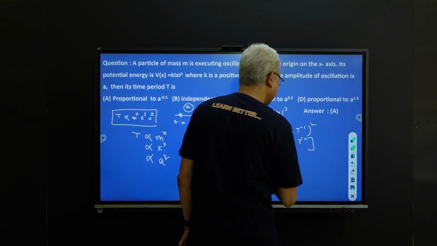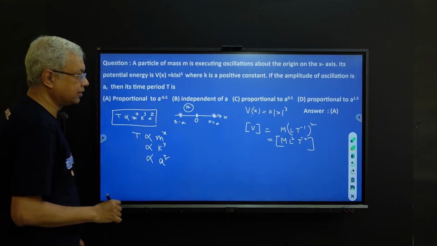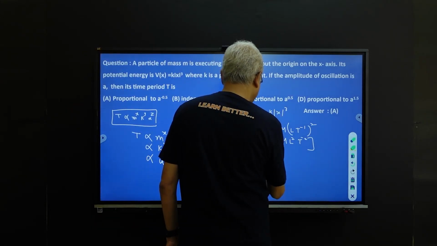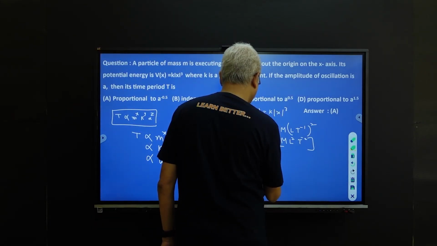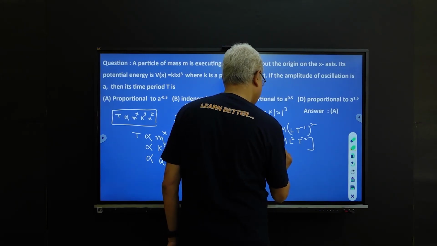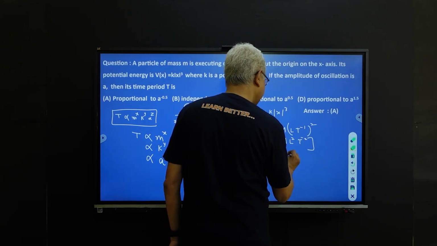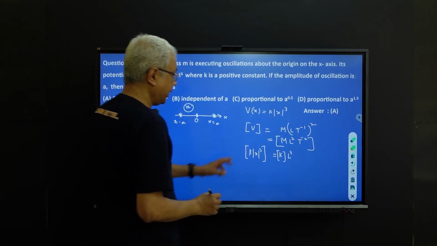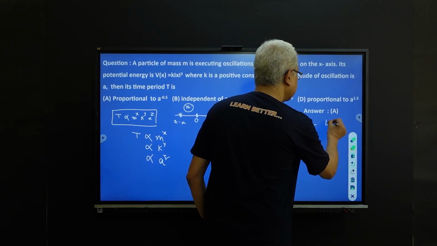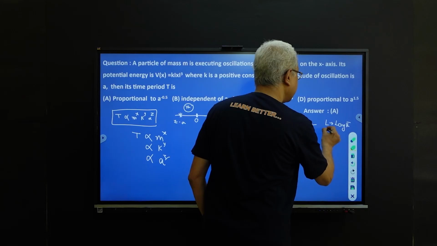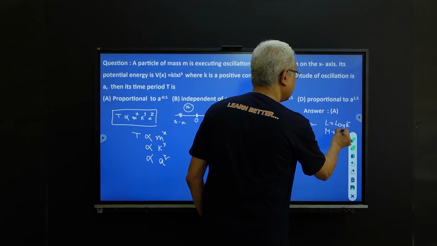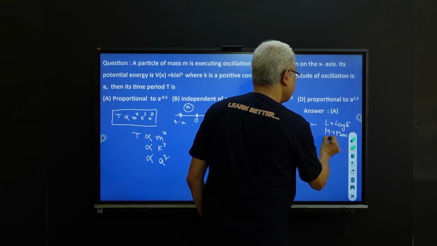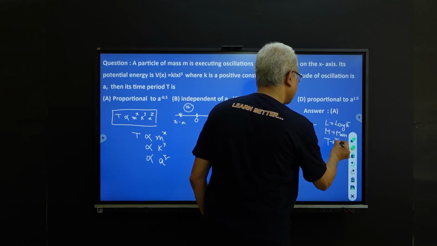This is the dimension of V. Now for k mod x cube, what is the dimension of this? It is the dimension of k multiplied by L cube. L represents length, M represents mass, and T represents time.